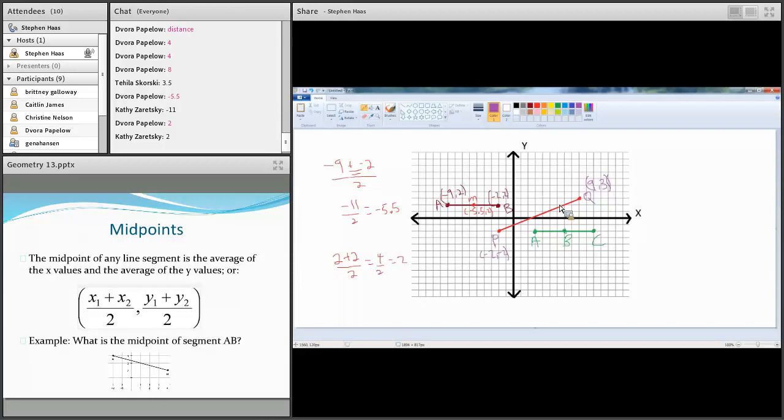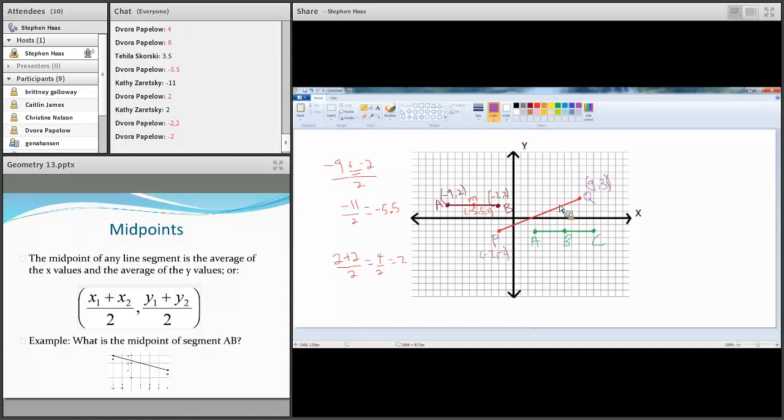Let's make this point P and this point Q. Well, okay, what are the coordinates for point P? Negative 2, right? Because it's in the third quadrant, so it's negative 2, negative 2. How about point Q? Well, let's see.